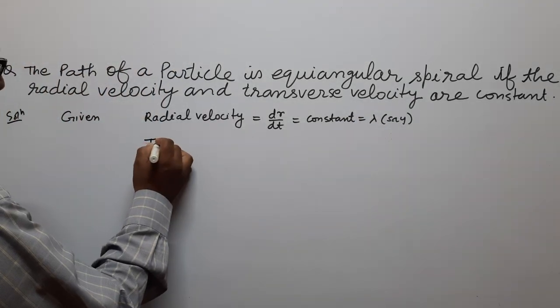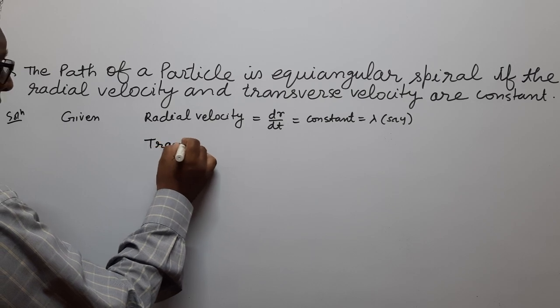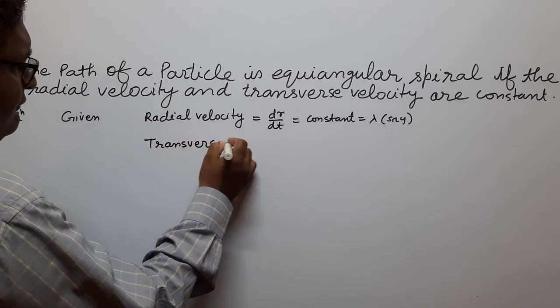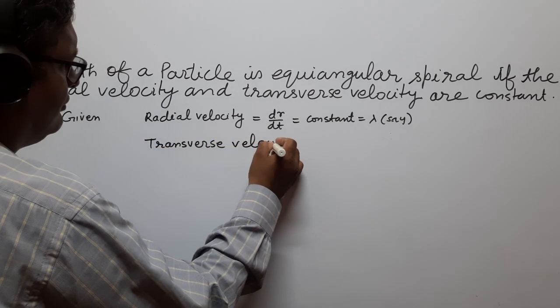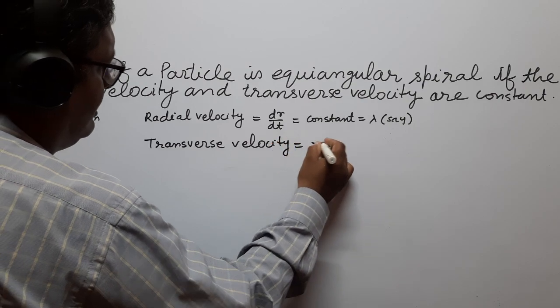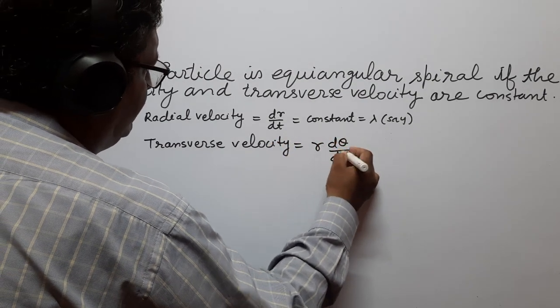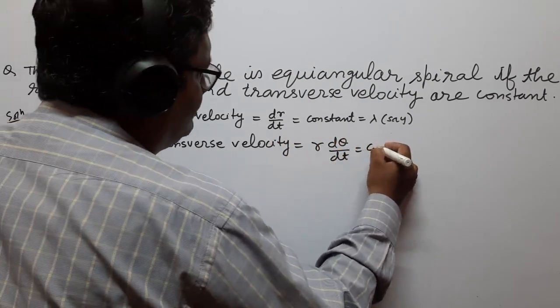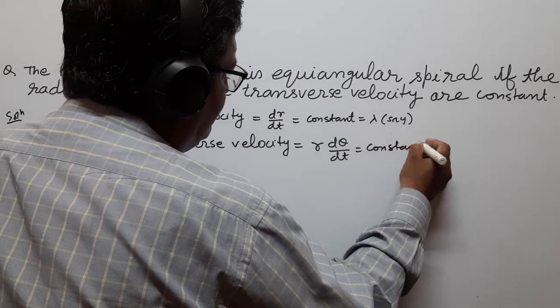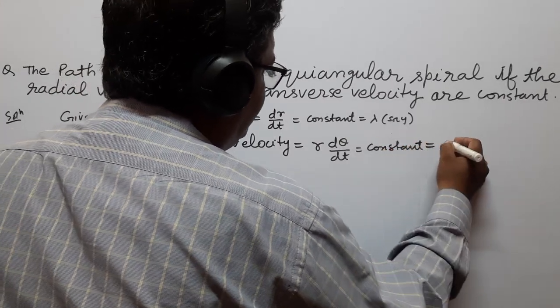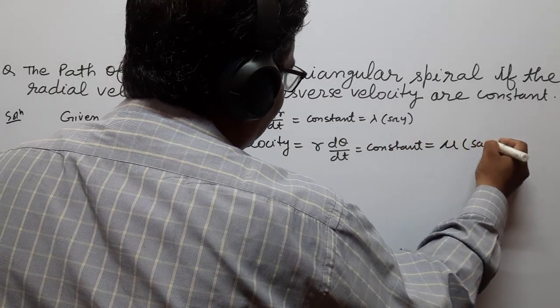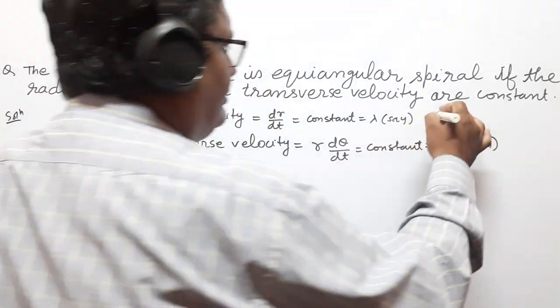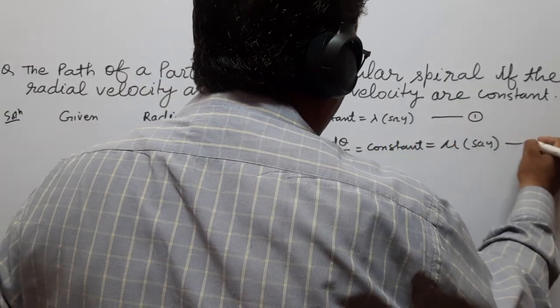Now it is also given that transverse velocity, this is r d theta upon dt, is also constant, and suppose that this is equal to mu. So this is the first equation and this is the second equation.